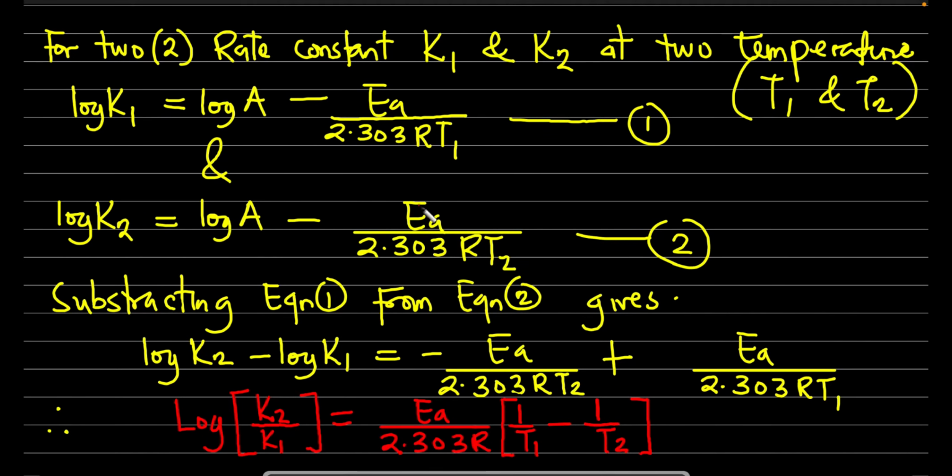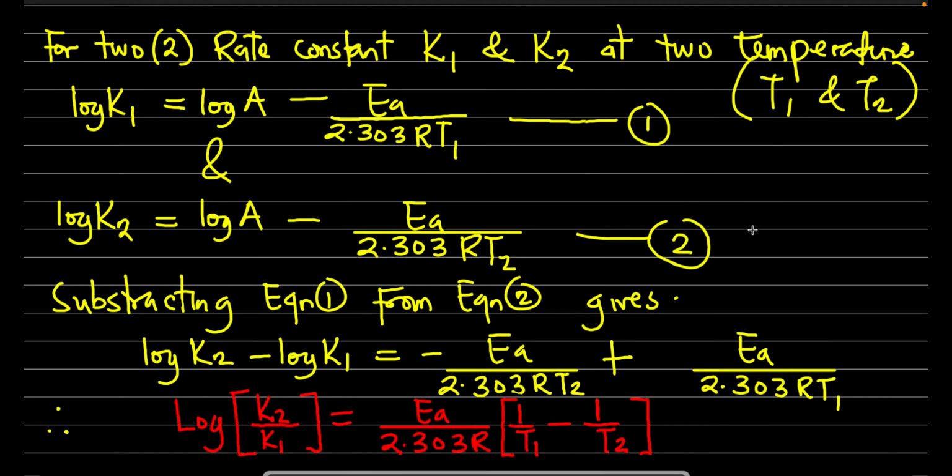Now if you subtract this from this, this is already minus, so when you say minus minus, it becomes plus. That's why this plus is here, because some persons might be wondering why we have plus here.